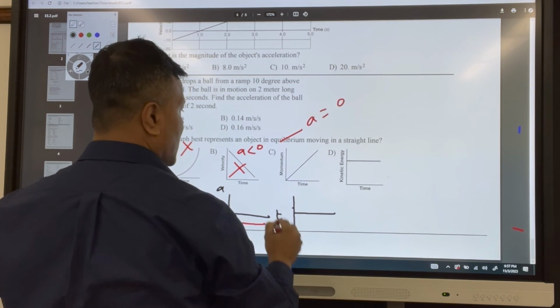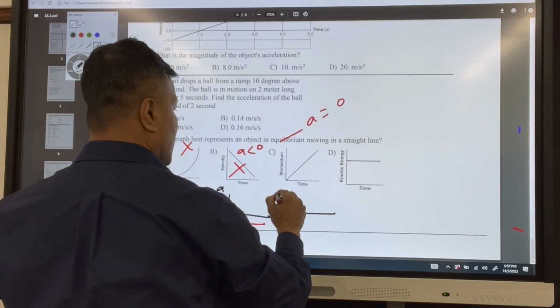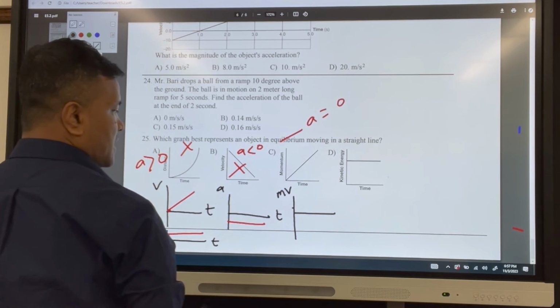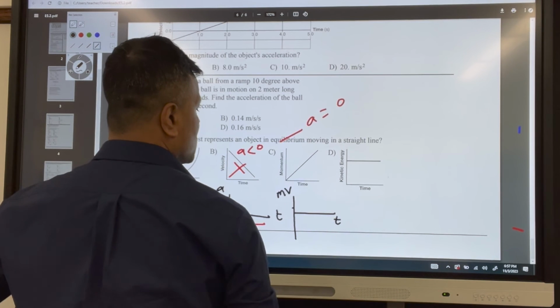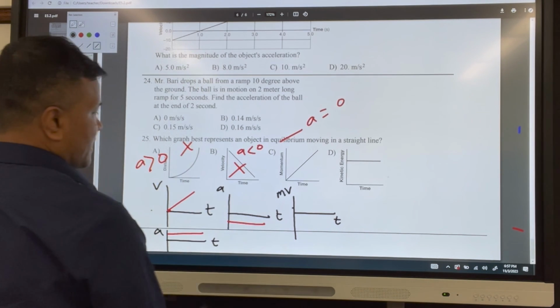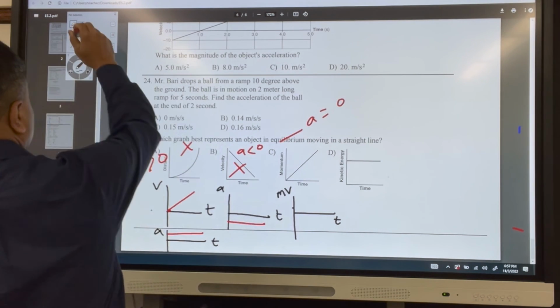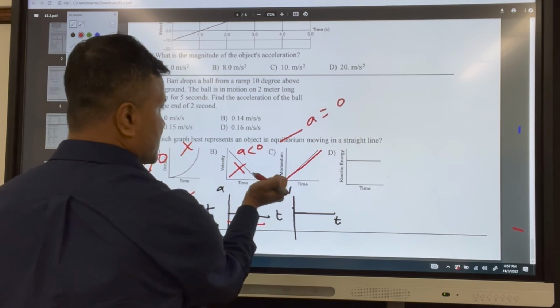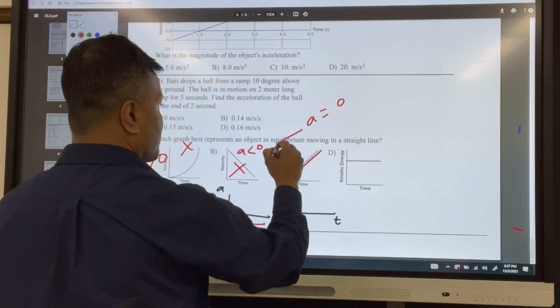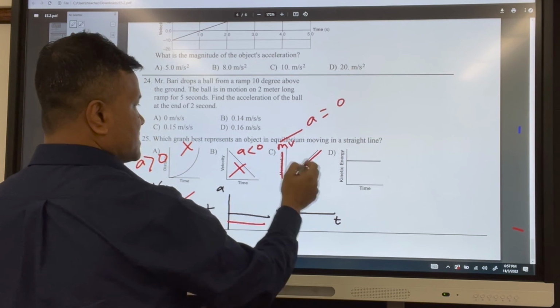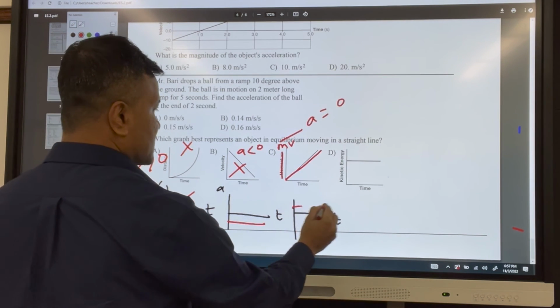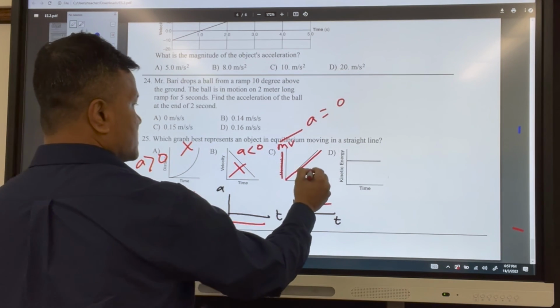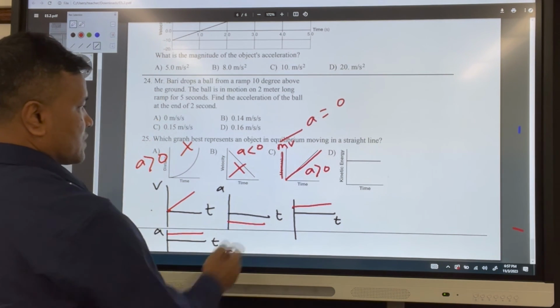Momentum is mv. So forget about the mass. If velocity versus time is diagonal, acceleration has to be this one. So this is also no good.